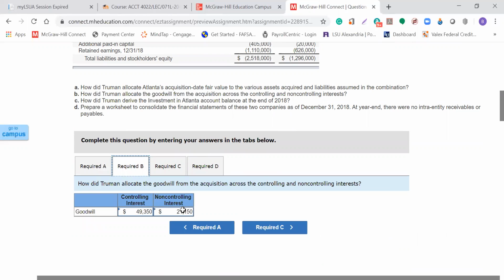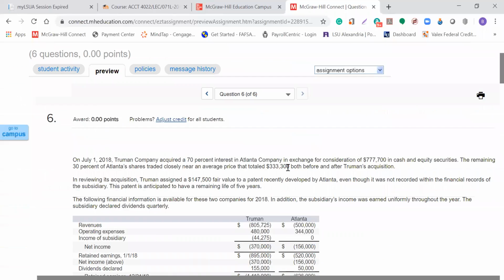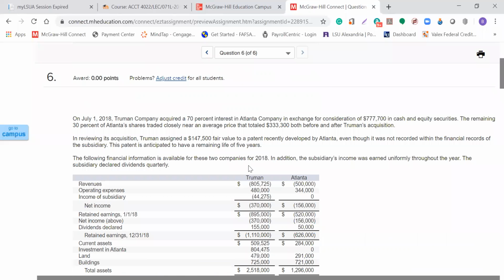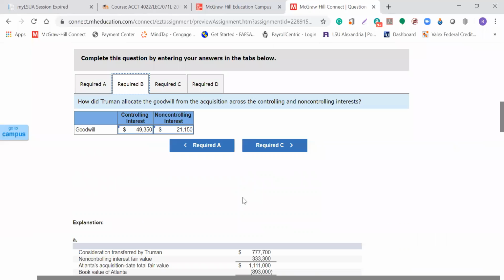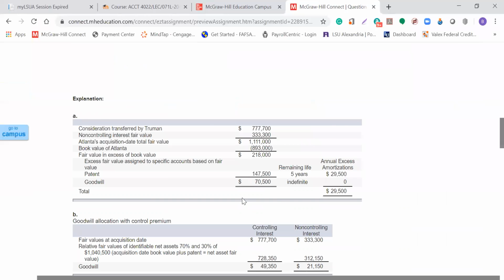The work is massive, but what they're trying to get you to do is simply recognize the difference between those concepts. And I did pick some really hard questions that were multiple levels for this week so that you would get a chance to see how they are actually worked.